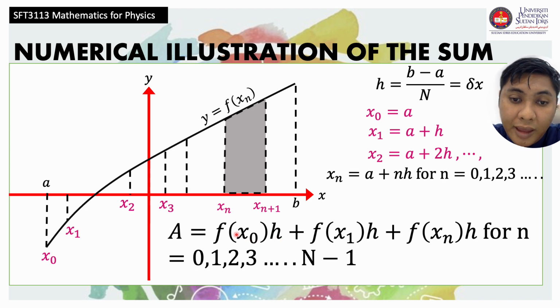So f of x here, at each point on the curve, times h, gives you the area for each fringe. Then you add up the areas of all the fringes, and you get the total area from A to B.